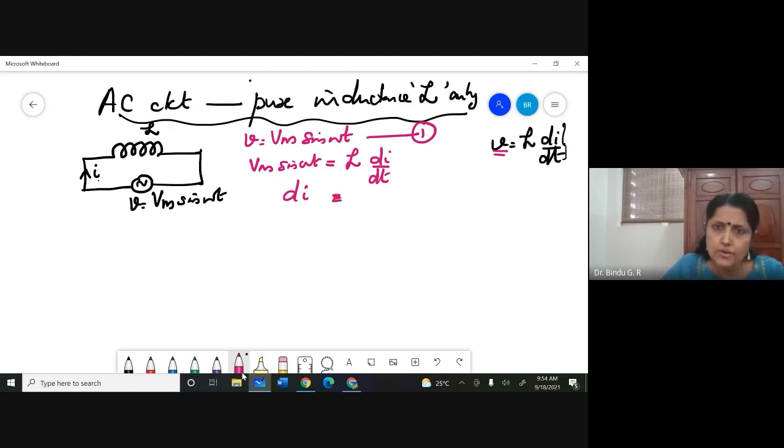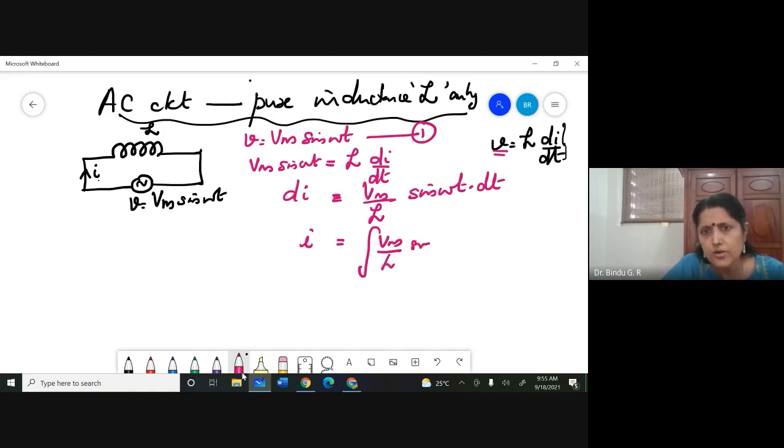Di is equal to Vm by L sine omega t dt, or I is equal to the integral of Vm by L sine omega t dt, and then that will become Vm by omega L, minus cos omega t.